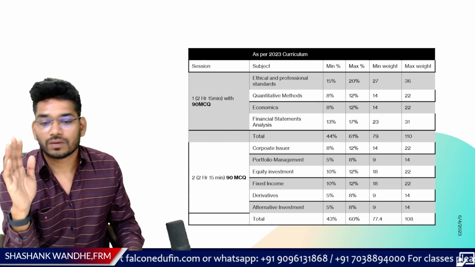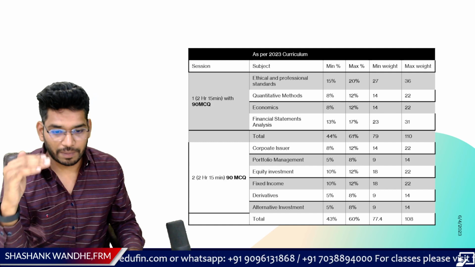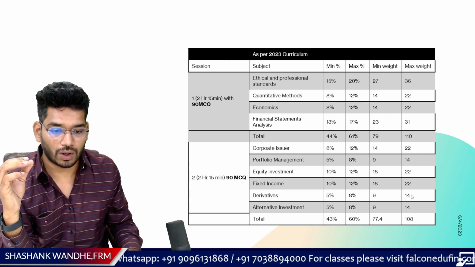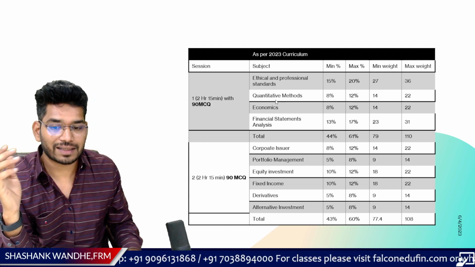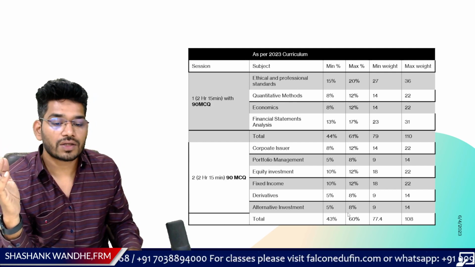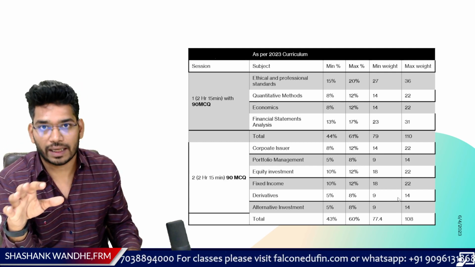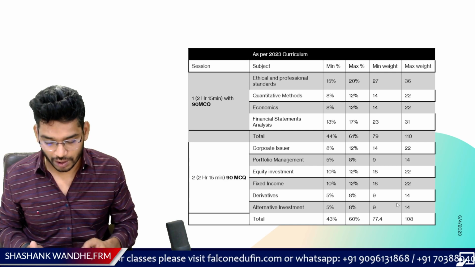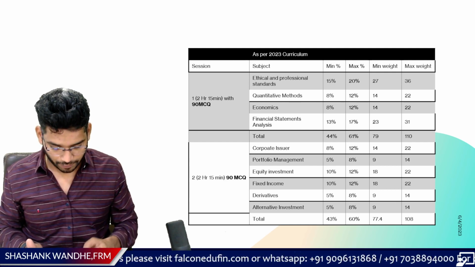Okay. Now, first of all, you need to remember one thing. Your passing is not based on the individual subject passing score. Passing is based on the total exam. So you have 180 questions in your examination, and I have this calculation.